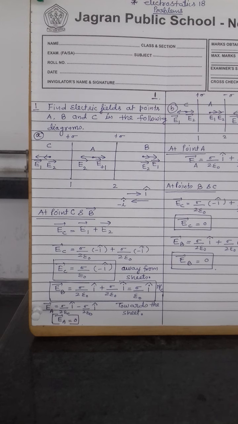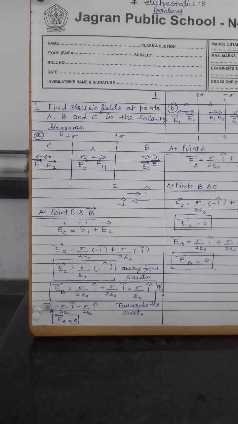This would give electric field at point C is sigma upon epsilon naught minus I cap. It means net electric field at the point C is sigma upon epsilon naught away from the sheets or in the direction of minus I cap, right?